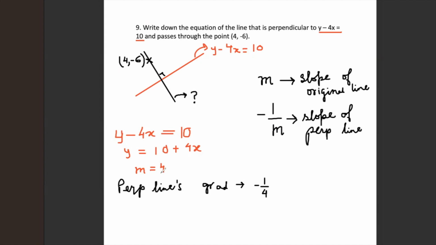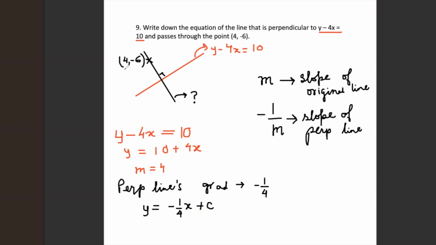If we flip the 4, it becomes 1 over 4. And we change its sign, it becomes a minus. So minus 1 over 4 should be the gradient of the perpendicular line. So let's write down the equation of the perpendicular line. It should look like y equals minus 1/4 x, because that's our slope, plus c. Now we have to find out this c.